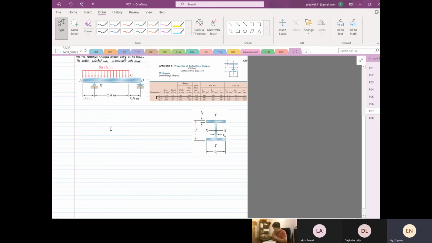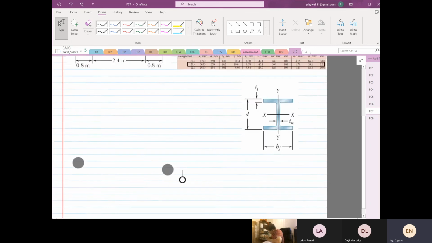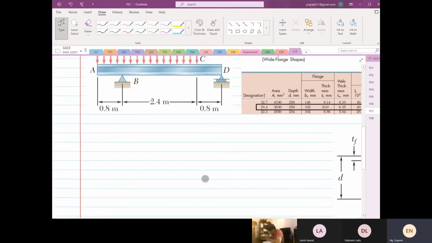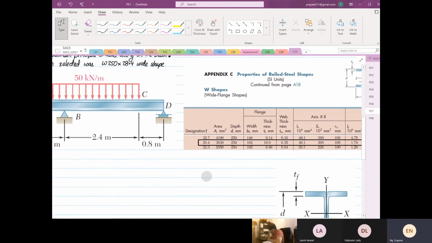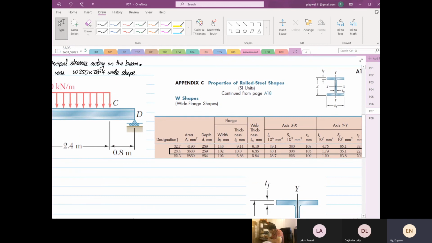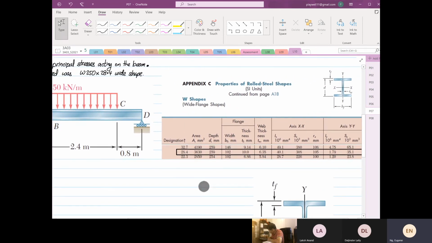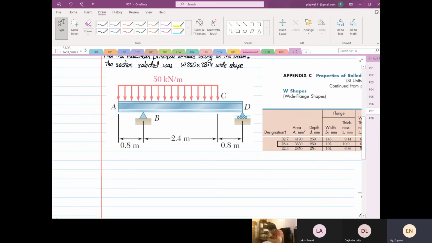We know that we are going to have a moment, and the moment is only in one direction. If I'm going to follow the transformation of this diagram over here, this will be our x.